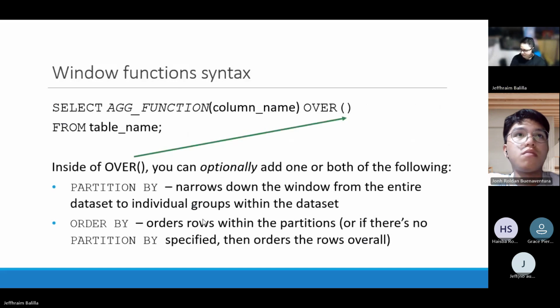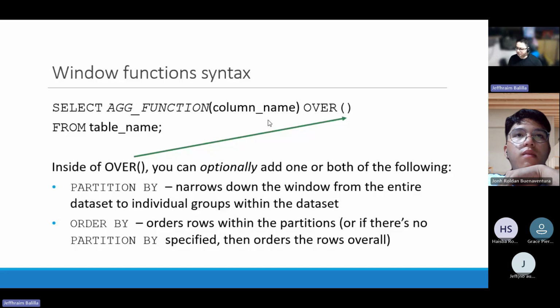So this is the window function syntax. We are selecting here and applying this aggregate function, which you already know. This column name could be any field, any characteristic in your table, that you want to get the aggregate function with. And OVER identifies the segments in which you'll be applying that aggregate function.